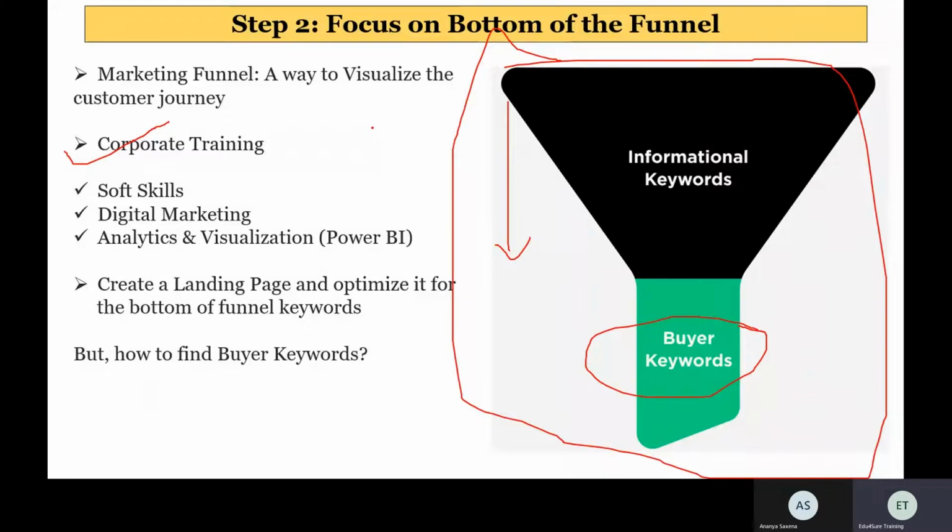Then we can write about soft skills training, and digital marketing tools. These kinds of blogs will help us get the trust of people who are searching these informational keywords. Then they can know us, our brand is aware to them, and gradually they can move to the buying side.